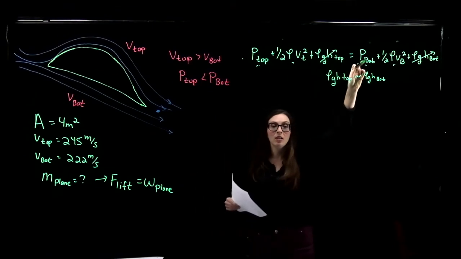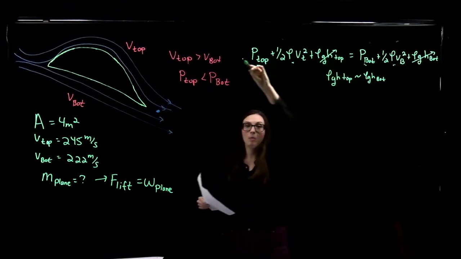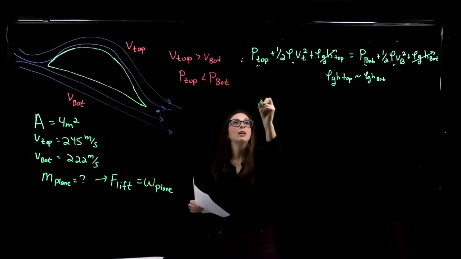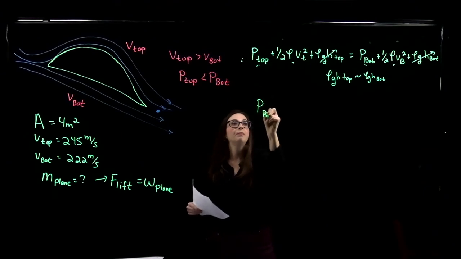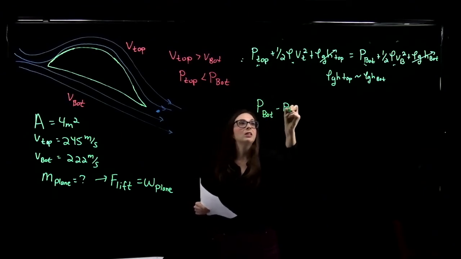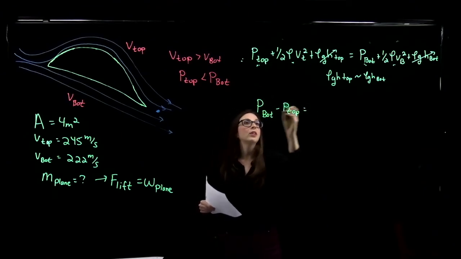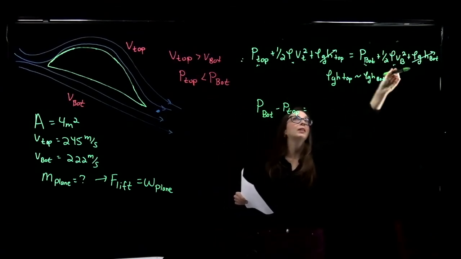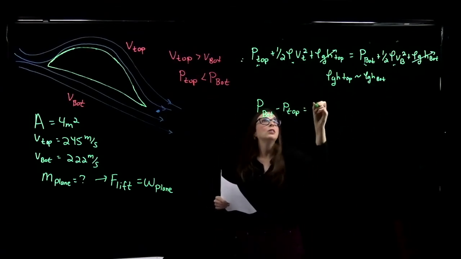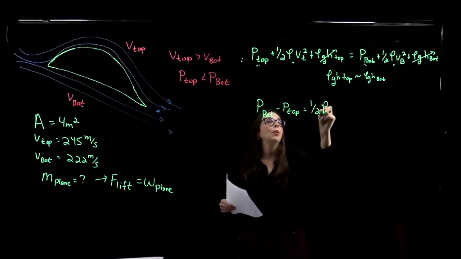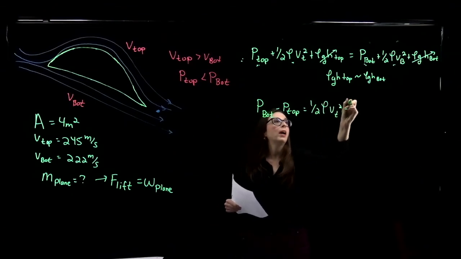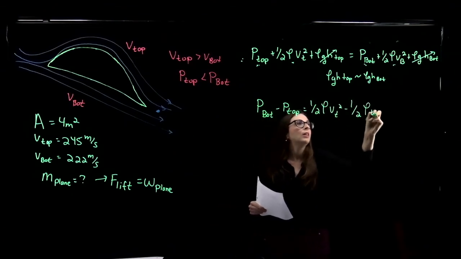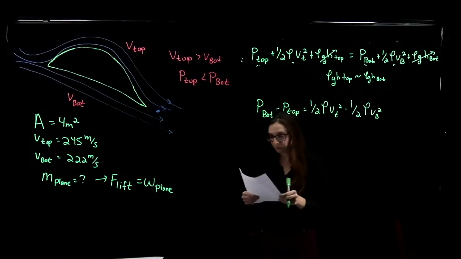So we're going to solve this equation for P bottom minus P top, okay? So if I go P bottom minus P top equals, I subtracted P top to this side, so I have to subtract this term to the other side of my equal sign. So this is equal to 1/2 rho V top squared minus 1/2 rho V bottom squared.